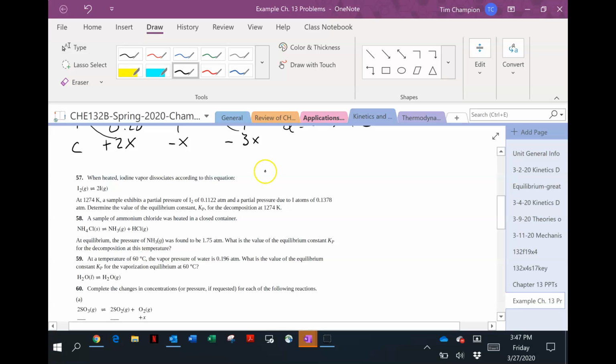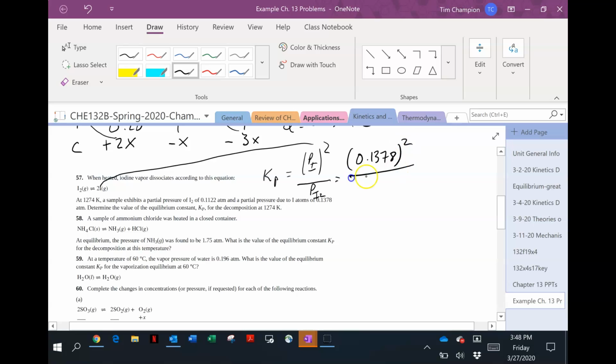So all we've got to do for 57 is say that Kp is equal to the partial pressure of I squared, and again that squared comes from that 2 right there, and the partial pressure of I2 on the bottom. So we have 0.1378 quantity squared on the top and 0.1122 on the bottom.